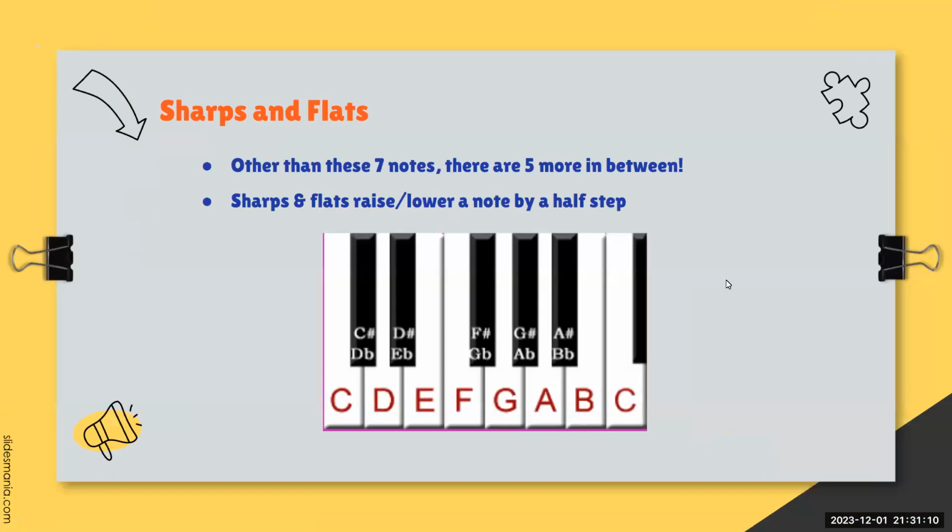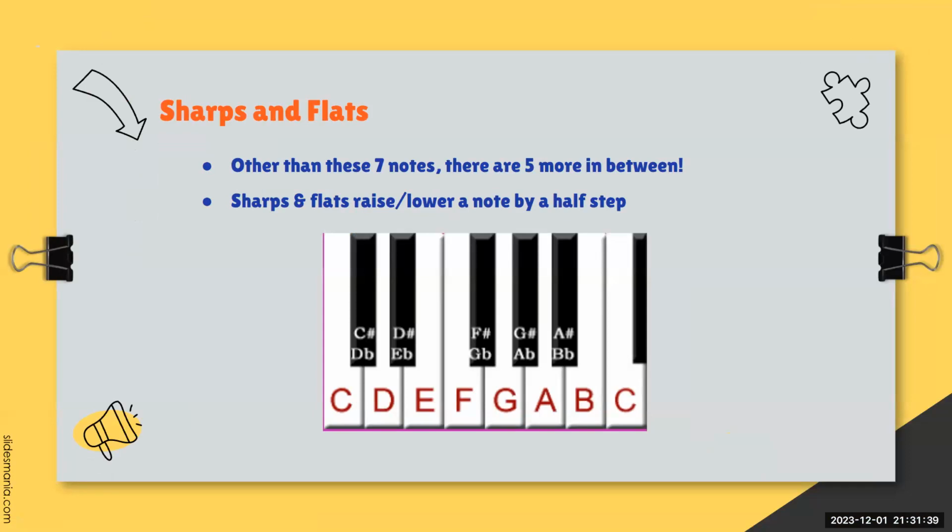So other than those 7 notes, there are also 5 more notes in between. If you've ever seen a piano, there would be 7 white keys in 1 octave and 5 black keys. So the white keys would be C, D, E, F, G, A, B, C. And then the 5 notes in between would be sharps and flats.